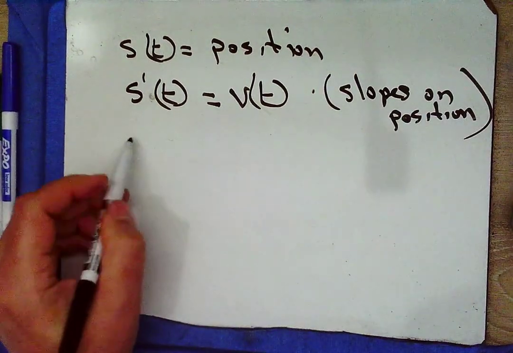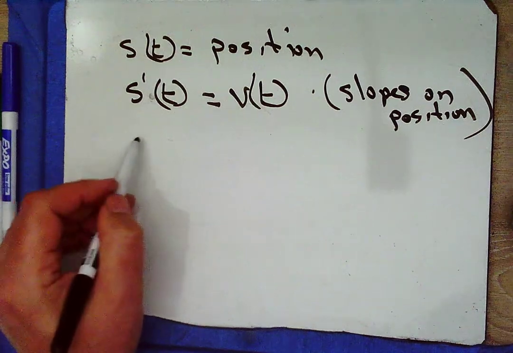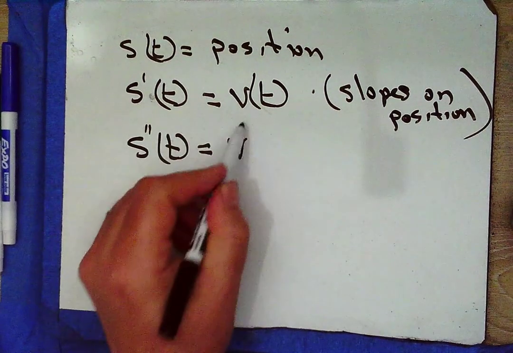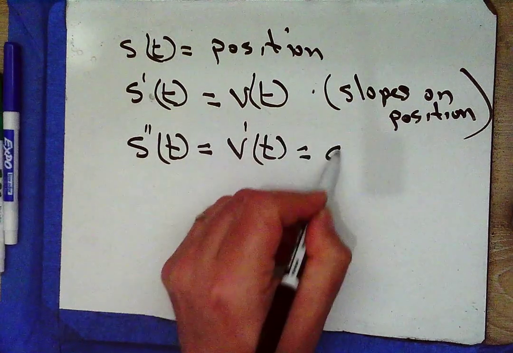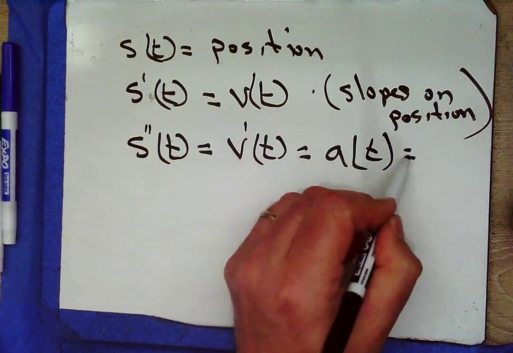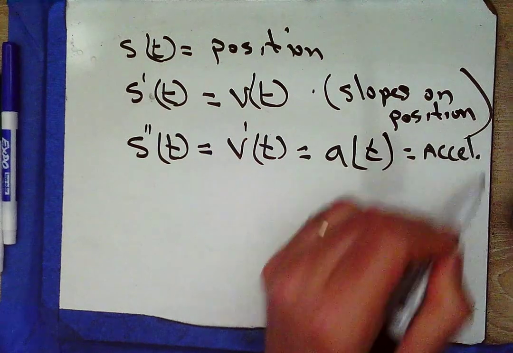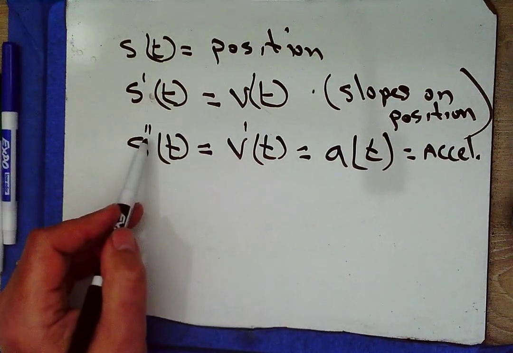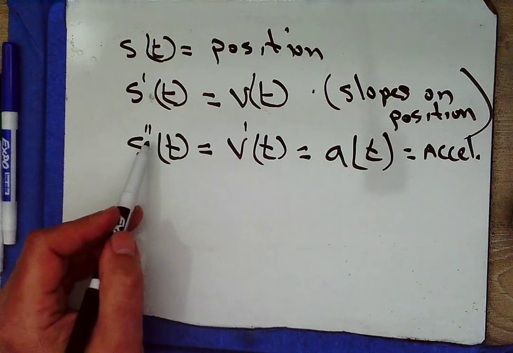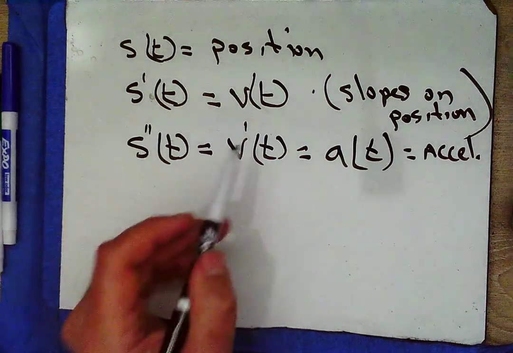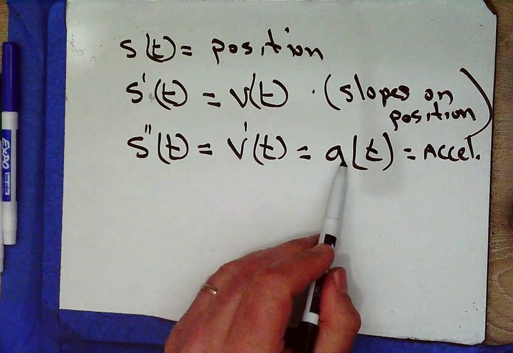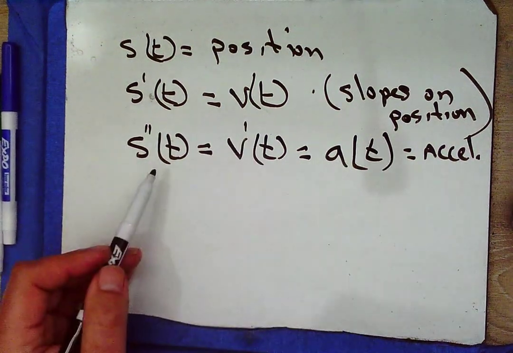And then we could say S double prime equals V prime equals A of t, and that's acceleration. Okay? So this notation means the rate of change in the rate of change in position with respect to time. This is the rate of change in velocity with respect to time. So acceleration can be defined in either of these ways.